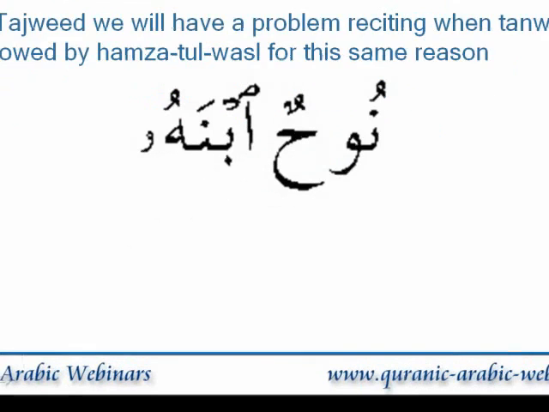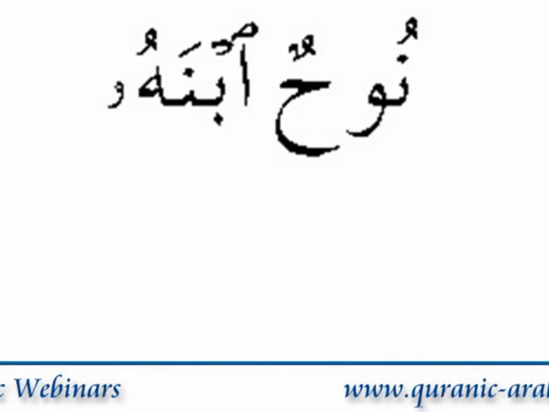Here we have from the Quran two words. So we have nu, hun, and the next word starts with Hamzatul Wasl, and then we have a ba with sukun, so it's sakin, which would normally be ibnahu, so it's from the word ibn.